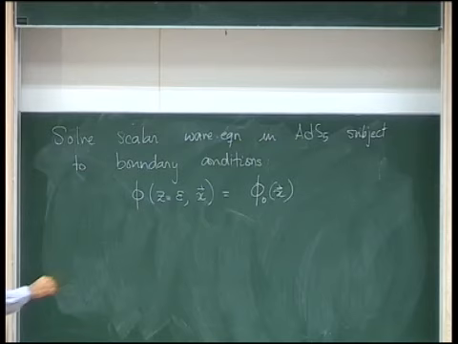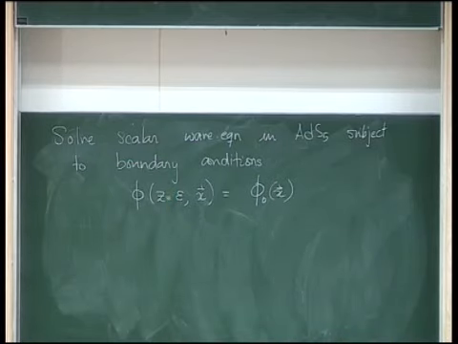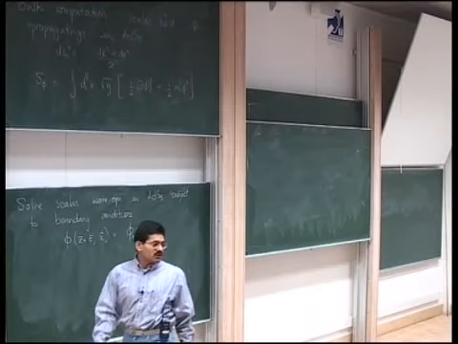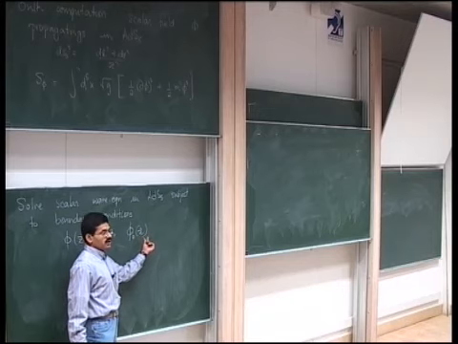And the boundary condition I'm going to choose is the following. I'm going to ask for the field phi at some value of z being epsilon to be phi naught of x, given by its value, a function of the boundary coordinates.